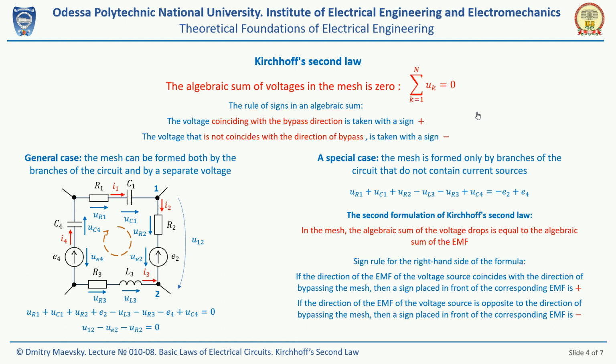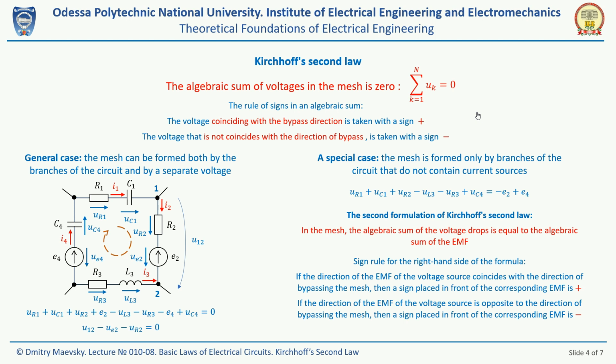In the previous lecture, we already talked about the fact that in an algebraic sum, each component can have either a plus sign or a minus sign. Therefore, before composing the equations according to Kirchhoff's second law, we must decide on the rule according to which we will put the signs in this equation.